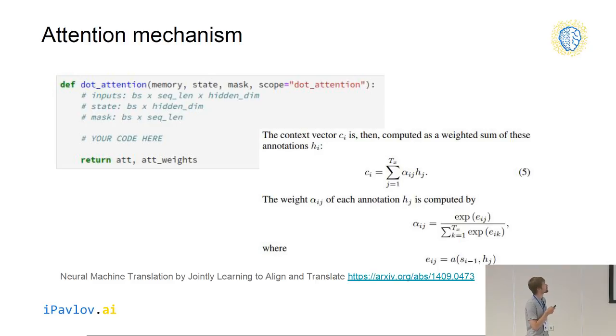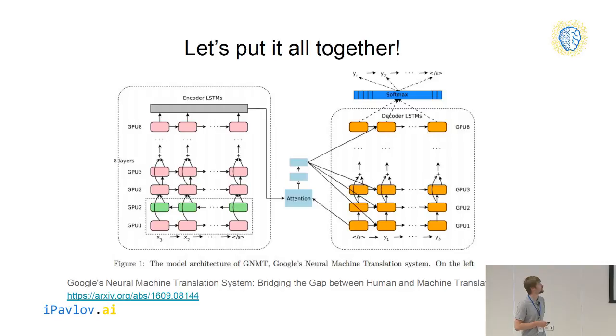So this function should return attention vector and attention weights. Attention weights are these alphas. So let's put it all together and build a sequence-to-sequence model with attention and teacher forcing using DeepPavlov library. Thank you.